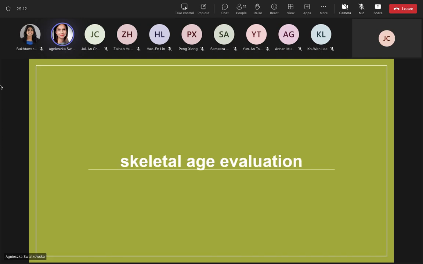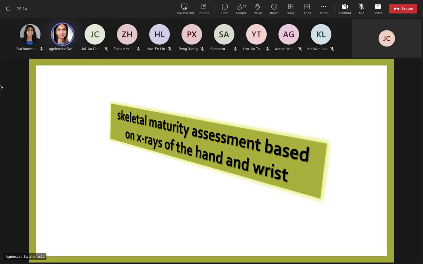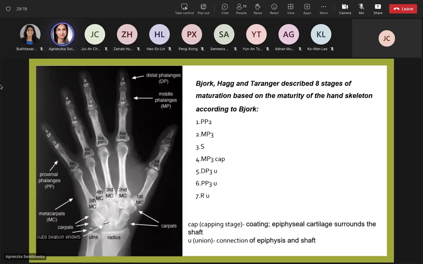So first, skeletal age evaluation, skeletal maturity assessment based on X-ray of the hand and wrist. Nowadays, we don't use it very often because we need to make an additional X-ray, and we are afraid of the radiation and its influence on the human body.